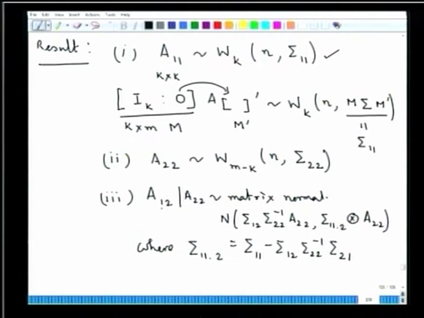So the conditional distribution of A12, that partitioning of the Wishart, given A22, now follows a matrix normal distribution.